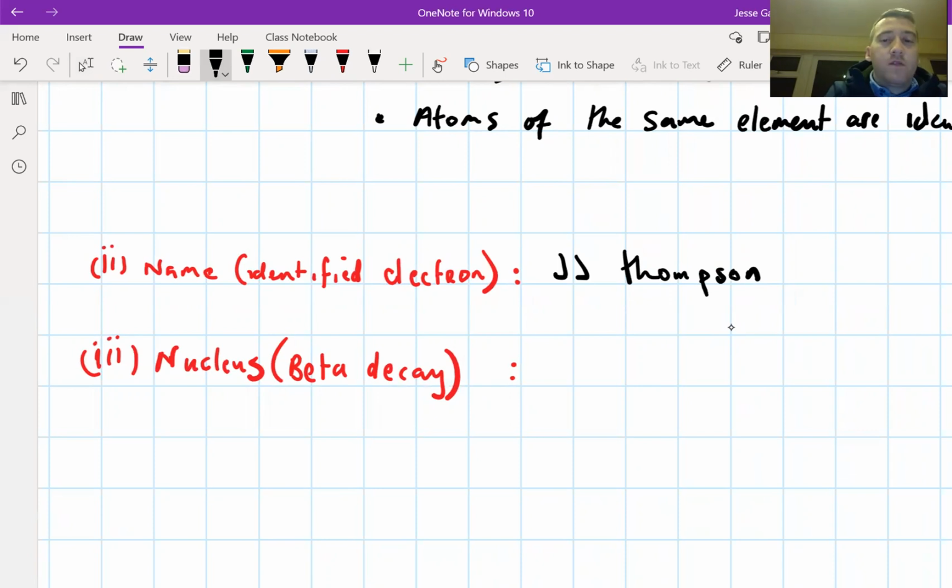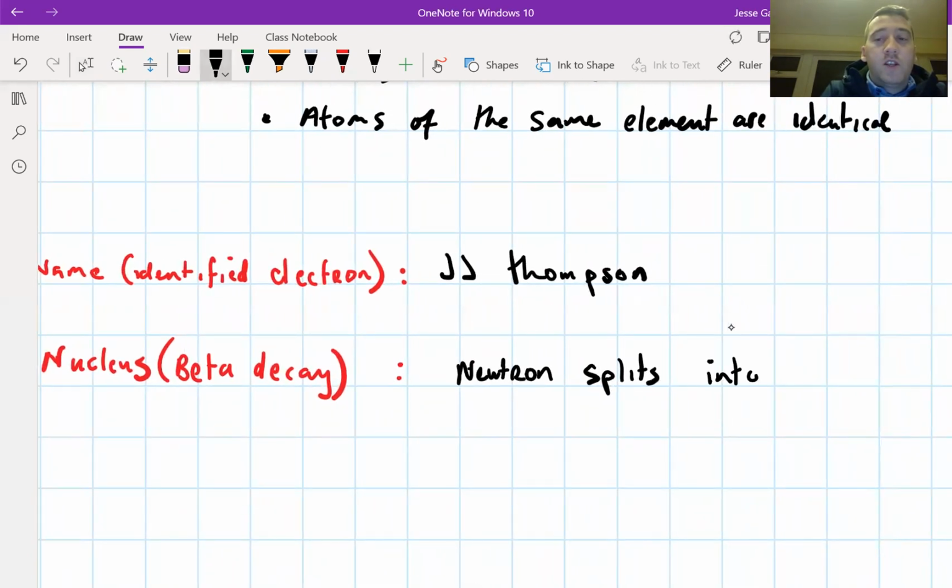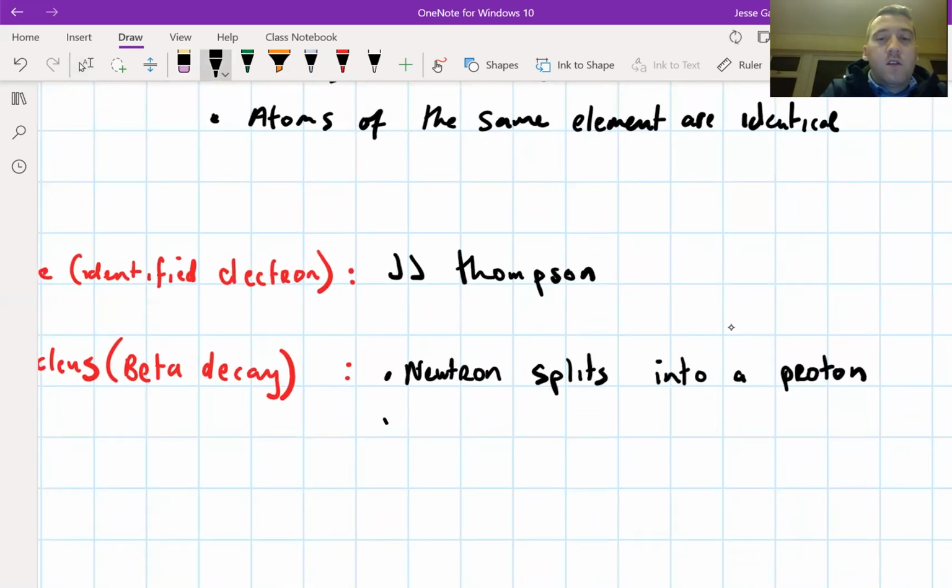So this is what we should have said. During beta decay, a neutron splits into or turns into a proton. We learned that that proton stays in the nucleus and an electron is emitted.